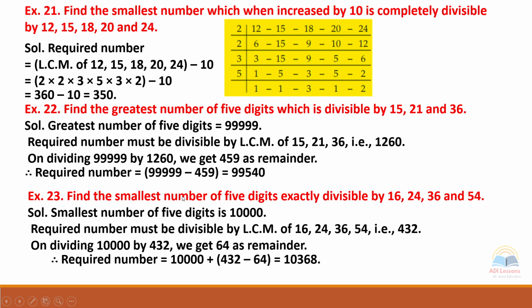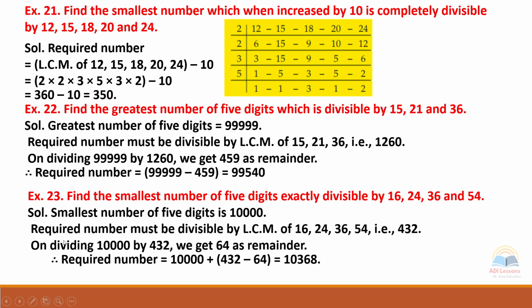Find the smallest number of 5 digits exactly divisible by 16, 24, 36 and 54. Smallest number of 5 digits is 10,000. Required number must be divisible by LCM of 16, 24, 36 and 54, that is 432.